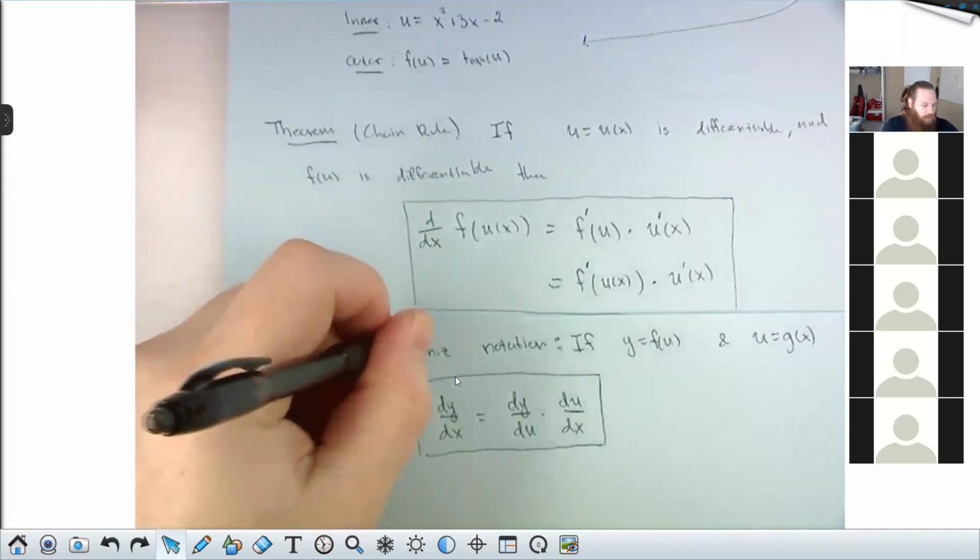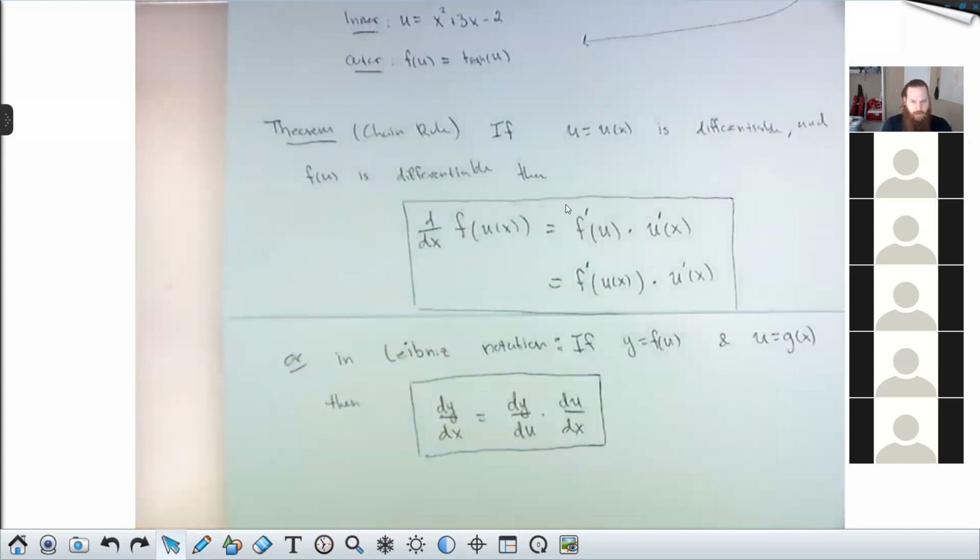Remember the two notations we have for derivative are the prime notation and the Leibniz notation, which is the dy dx notation. So these say the same thing, right? This would be dy du, and this would be du dx. So they're saying that the derivative of the whole composite function is the derivative of the outer with respect to the inner times the derivative of the inner with respect to the innermost variable.